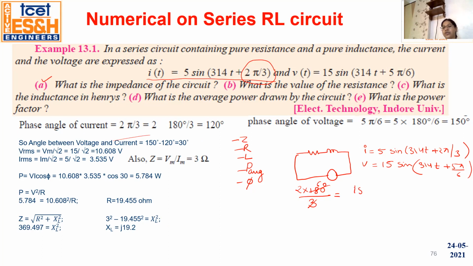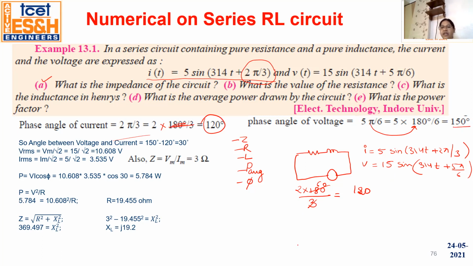We will get 120, so our angle is 120 degrees. Now 5π by 6 means 5 multiplied by 180 divided by 6. In place of π you have to write 180. So you will get the angle of 150 degrees.